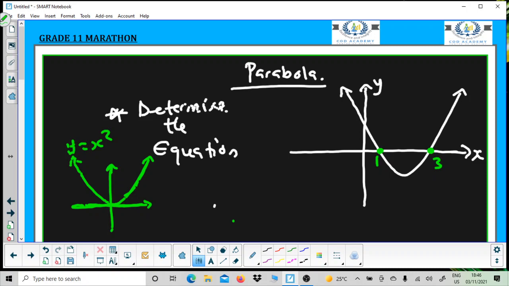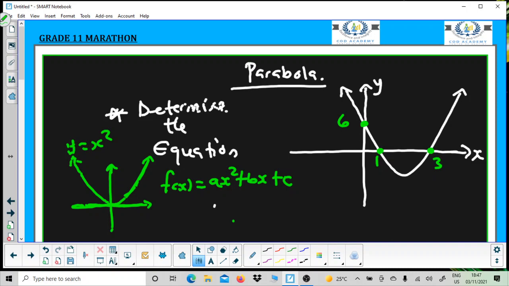Let's say this point here is 6, for example. You're wondering, how am I going to get the equation? Remember, a parabola will end up, most of the time, as ax squared plus bx plus c, unless something else is happening. This is the standard form for a parabola.